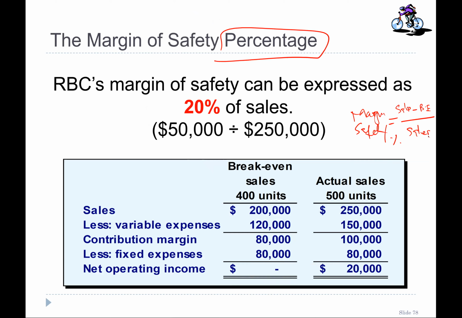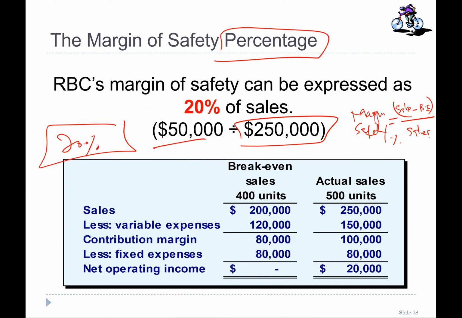Simple. Sales minus break-even sales is 50,000, and 50,000 divided by 250,000 is 20%. What does this 20% say to you? That RBC's margin of safety is just 20%.